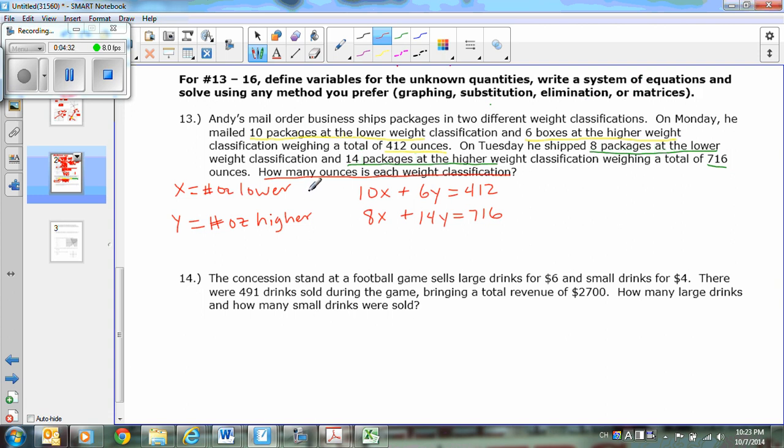Your lower weight is, let's see, 16 ounces, and the number of ounces in the higher weight classification is 42 ounces. All right, so those are your answers. So you work out the problem using whatever method you want, and these are the 2 answers you should get for x and y. All right, then let's move on to number 14.